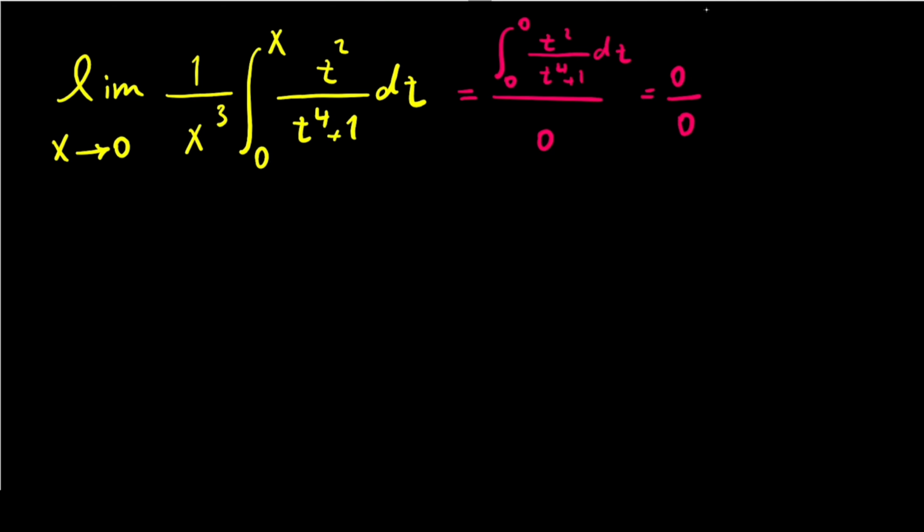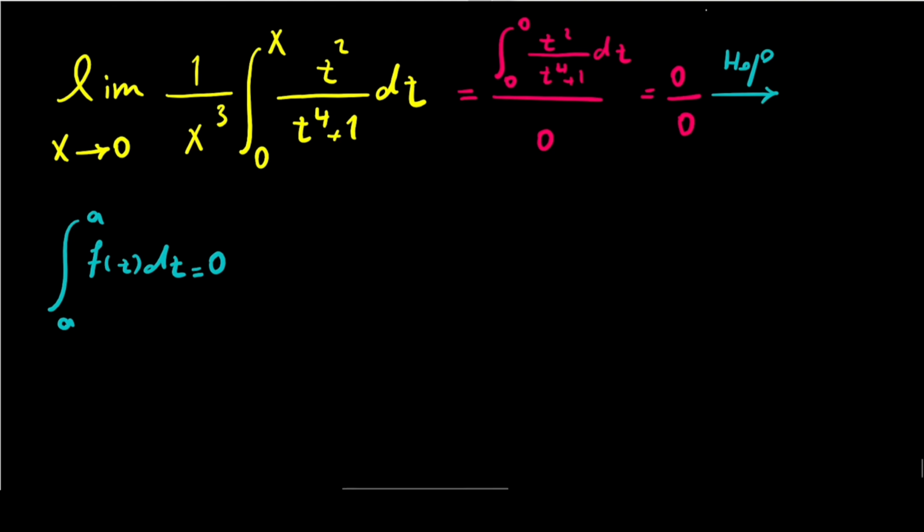Why? Because if you have the integral from a to a of f(t) dt, that equals 0. So here we have 0 divided by 0, and it means we can use L'Hospital's rule, and we have to take the derivative of the integral.